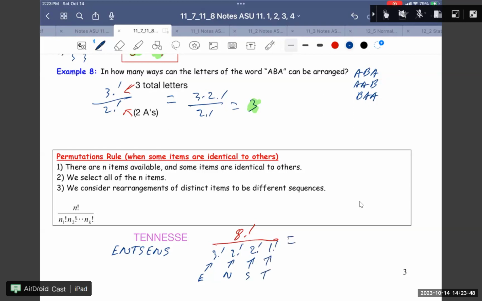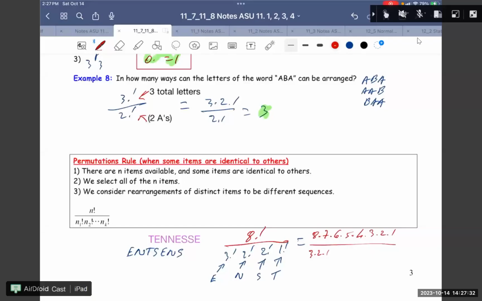So this one we have 8 times 7 times 6 times 5 times 4 times 3 times 2 times 1 over 3 factorial, 3 times 2 times 1. Good.